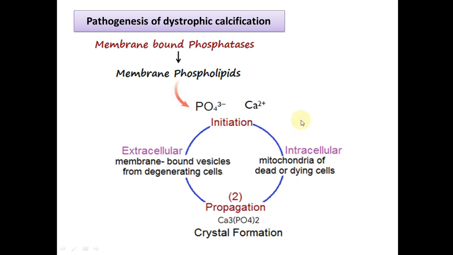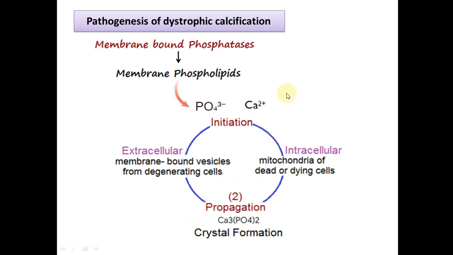Now, how does dystrophic calcification occur? We divide dystrophic calcification into two phases: the stage of initiation and the stage or phase of propagation.